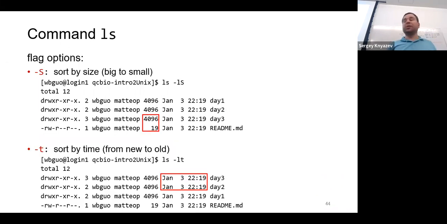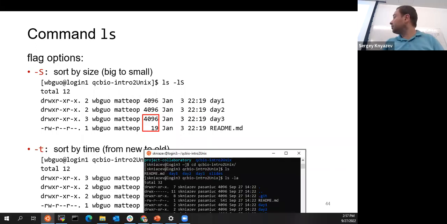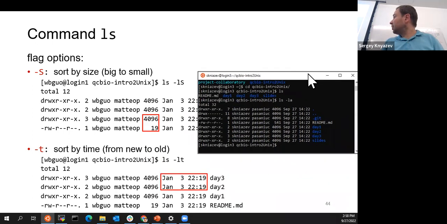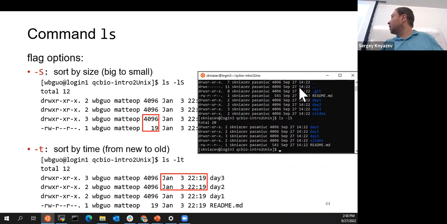Next, you can sort files if you pass the flag S. Let's sort the files. I print again ls minus L to show the long list, and capital S to sort files. You see that they are sorted by size by default.